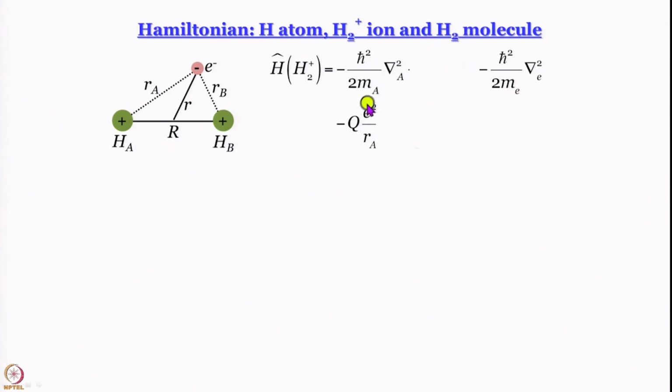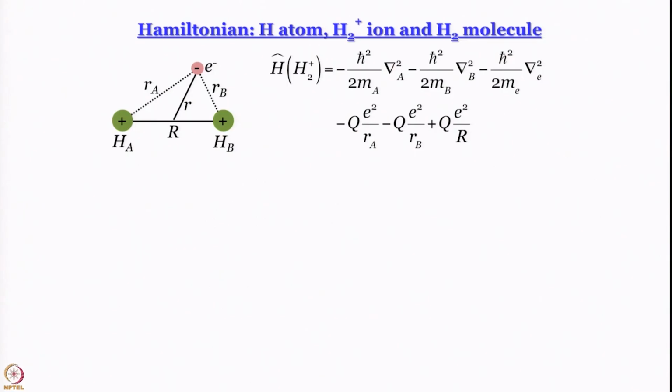Of course, do not forget m_A and m_B are one and the same, they are just protons. An additional term will come, and that is due to proton-proton repulsion, that will be plus q_e square divided by capital R, where capital R is the internuclear separation. So, this is the kinetic energy term for the second nucleus, the potential energy for attraction between the electron and the second nucleus, and this is the term for nuclear repulsion.